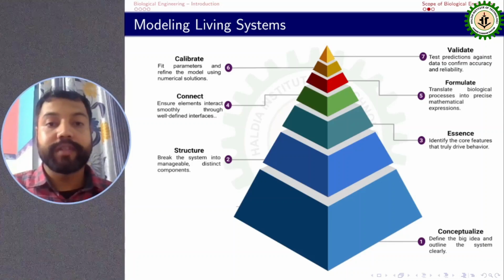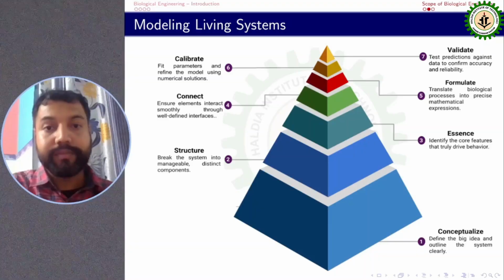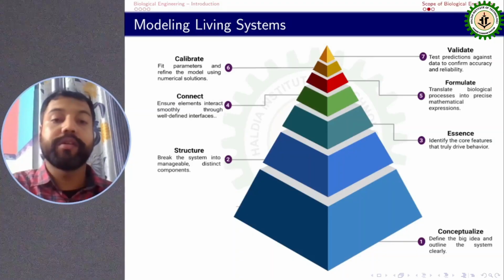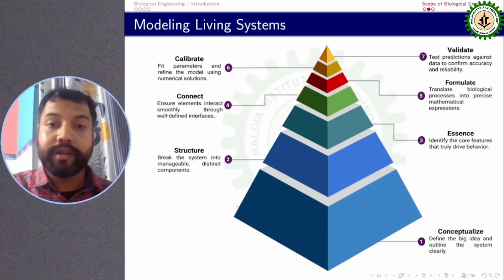Modeling a typical living system includes mathematical, computational, and physical models. These models are designed to capture dynamics across molecular, cellular, and organismal scales. These enable hypothesis testing and design optimization. Furthermore, models reduce cost, time, and experimental uncertainty.